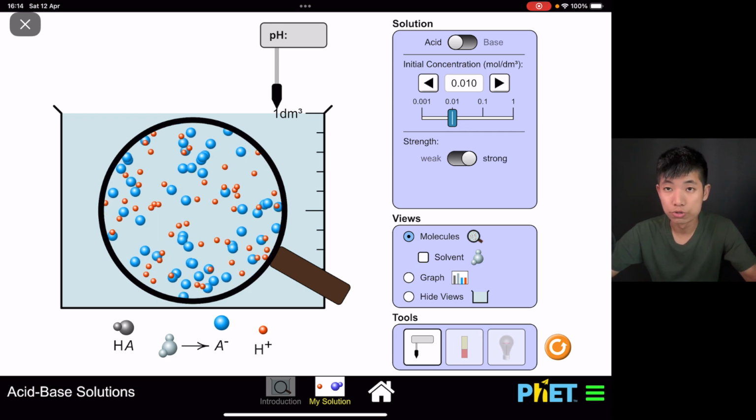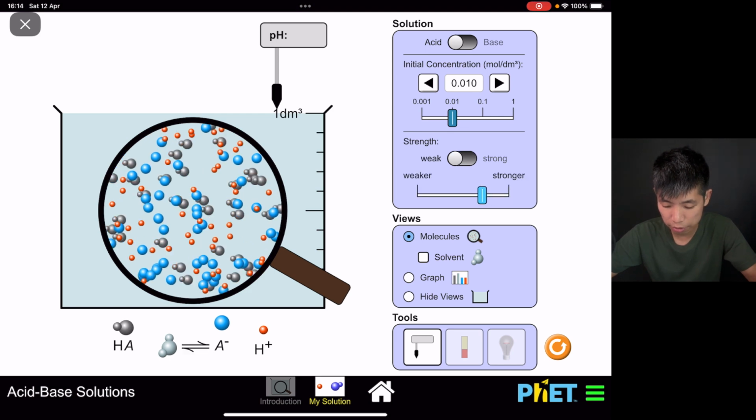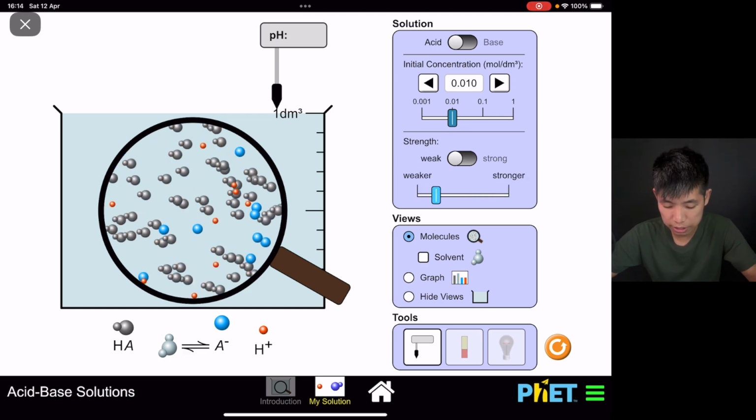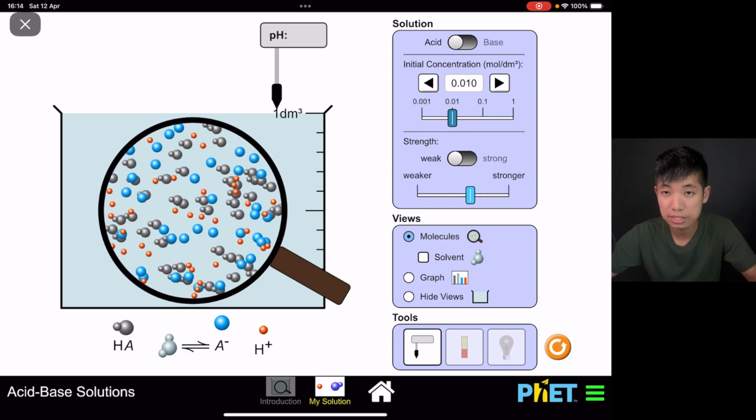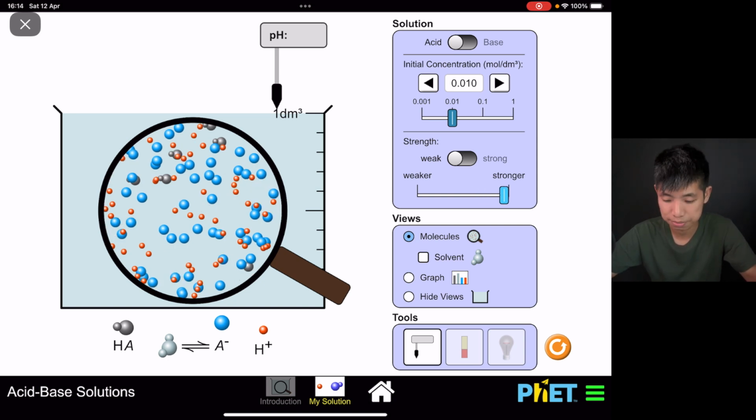And if we were to treat it as a strong acid, we say it undergoes complete dissociation. Means every molecule will dissociate to form H+ and your A- ions. Okay, so you can already see how changing the strength has an impact on the concentration of H+ ions and your free moving ions.